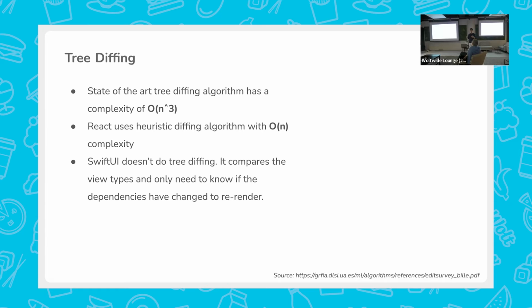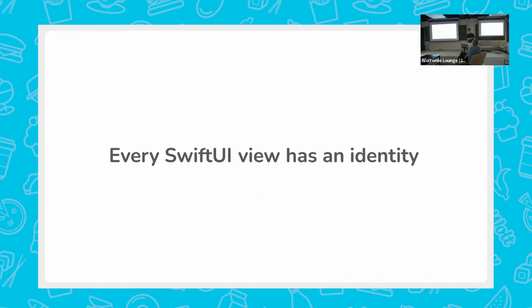The way that they have achieved this, I believe, is that they allow developers to give clues as to which views are stable across view updates. And also that if two views are of different types, then the view trees will also be different. Then I learned shortly after that SwiftUI doesn't do tree diffing. Let's see what it does instead.